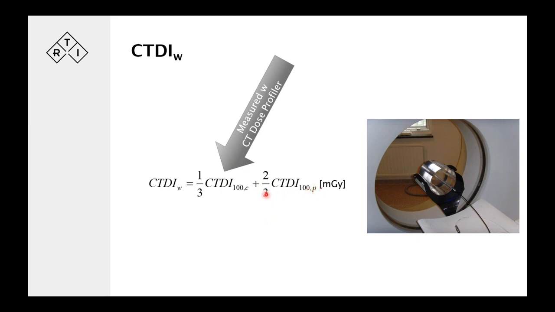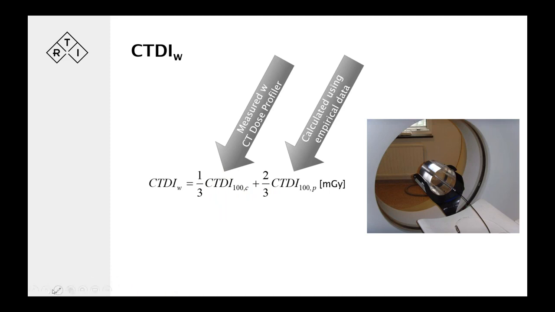And instead of relying on a method which we've seen can vary quite a lot, we rely more on empirical data that we've collected from manufacturers and other end users of different machine types that will give us a formula so that we can calculate the CTDI 100 based on the measurement in the center hole.